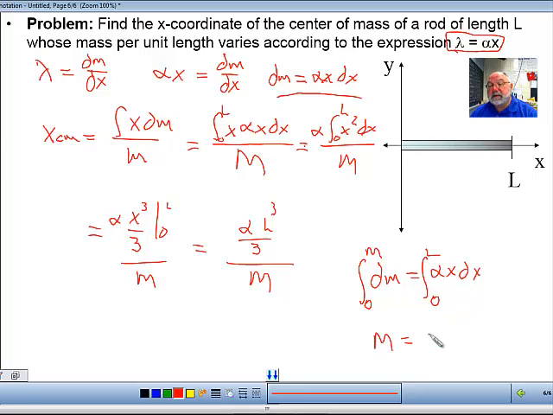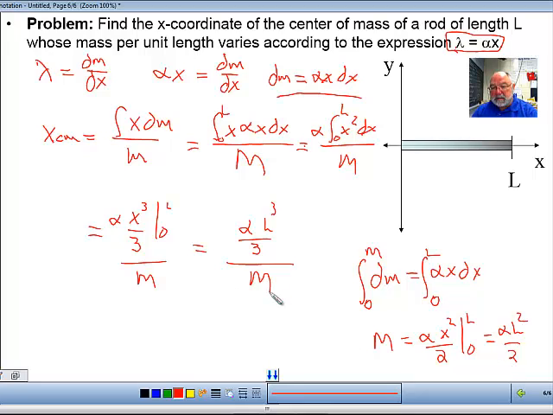Okay, alpha is a constant. Our integral of x is x squared over 2, evaluated from 0 to L. So the mass is equal to alpha L squared over 2.